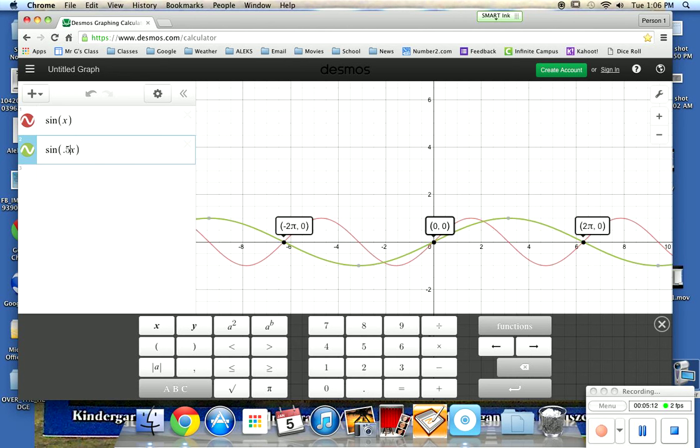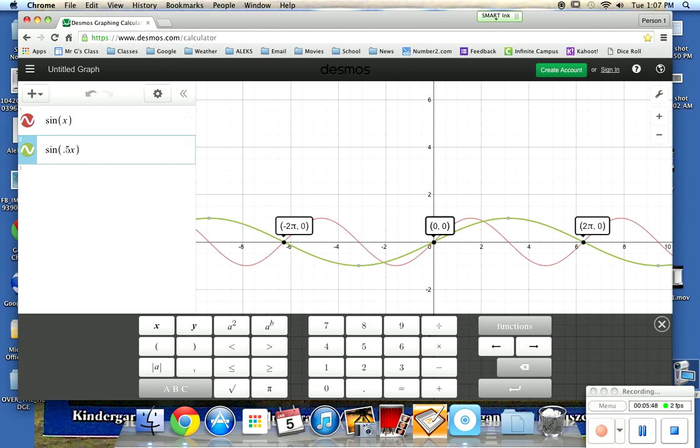Amplitude, I can make it louder or softer. And my period is how fast that wave happens. When does it complete its sine wave? By giving it a number greater than 1 in here, it shrinks down that period. By making it a fraction in here, we've actually extended it out. We made the voice lower.